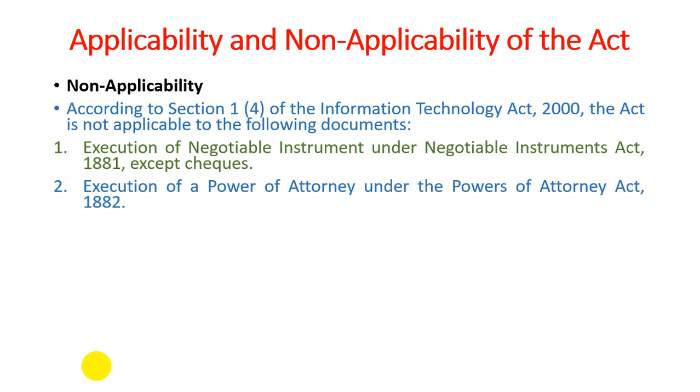Second, execution of a power of attorney under the Powers of Attorney Act 1882. Power of attorney means if we want to nominate someone for our properties or documents, it does not take part in the IT Act.